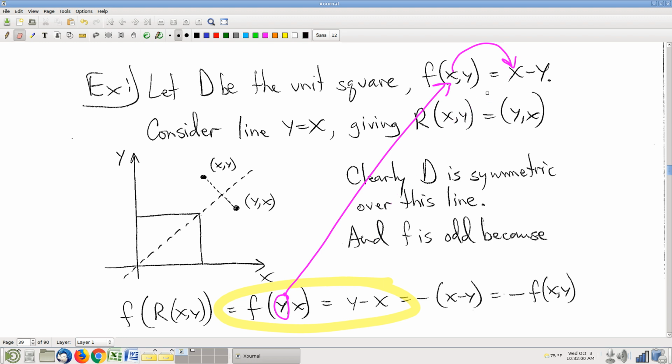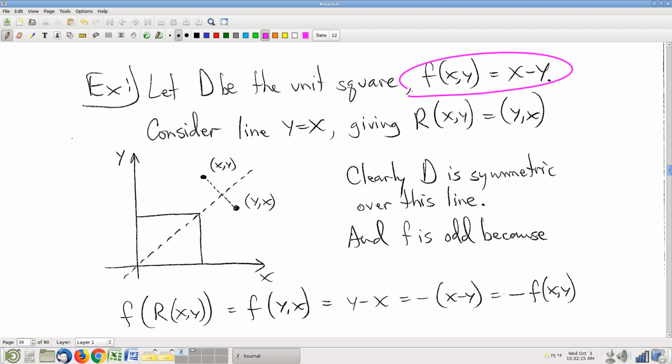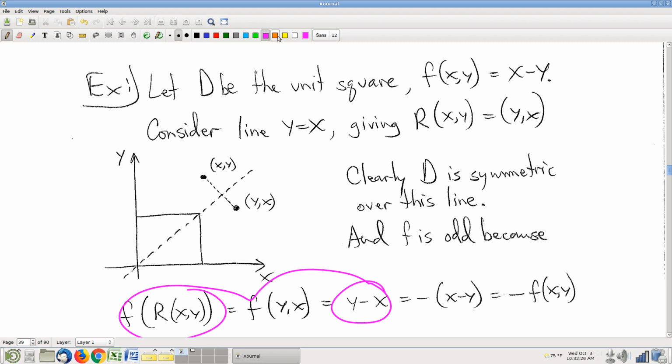And then likewise, this thing here, we're calling it x, but what it really is is the second entry to that function, which means it does whatever that thing does. Namely, it goes there. So f of y comma x is y minus x, not x minus y. Okay, and then you observe that this thing truly is the negative of this thing.